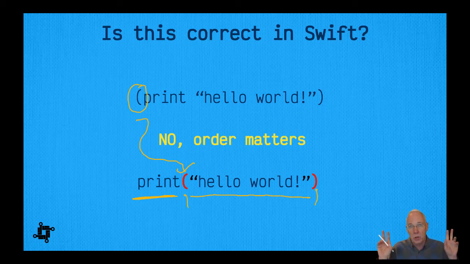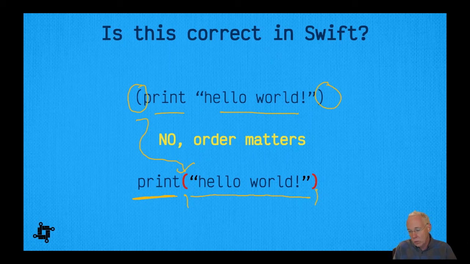And because it's in quotes, it means that it's that literal that will be printed. So again, order matters. All we did, the words are exactly the same, but the order of these parentheses was changed. And therefore, this is wrong and this is good.